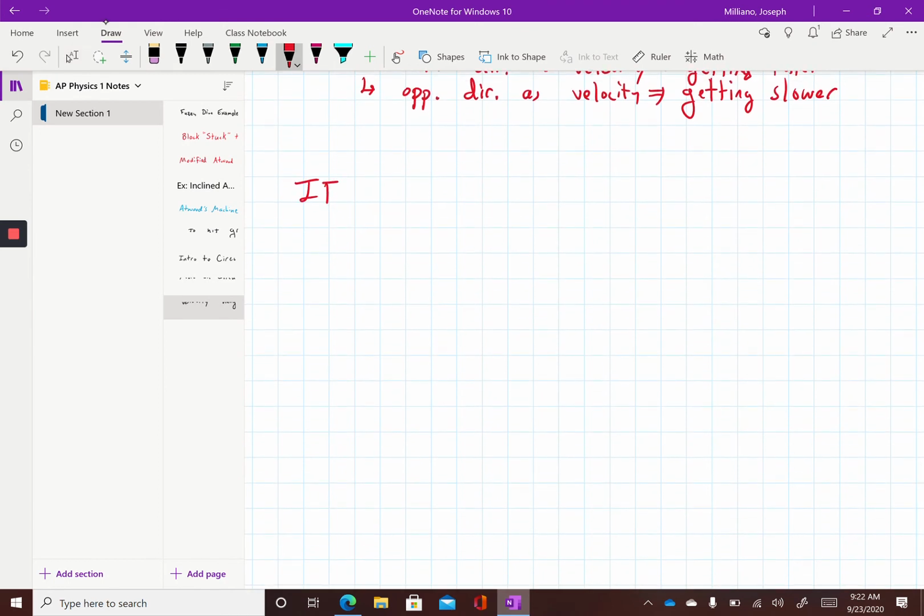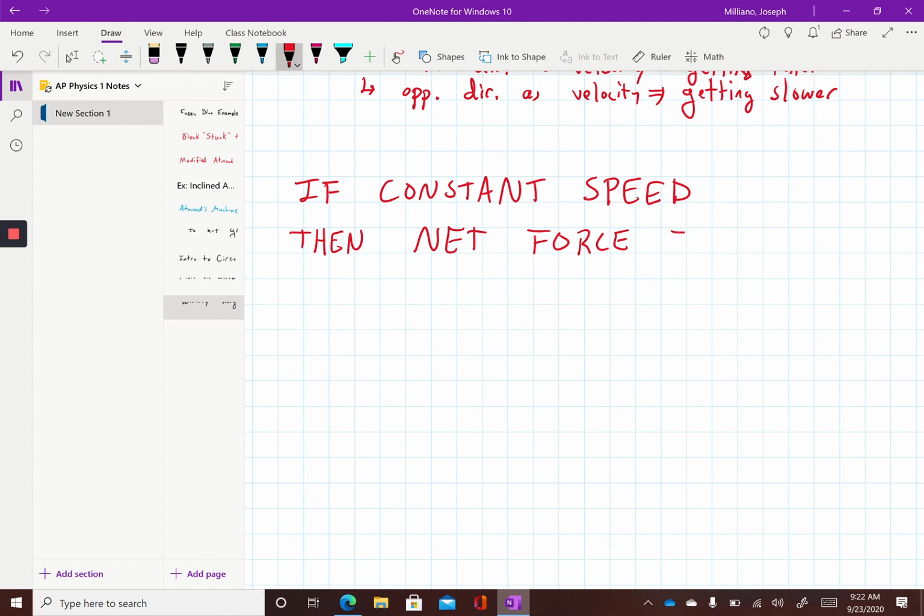So if constant speed, then net force in the tangential direction is 0. Oh, that's not how you spell 0.